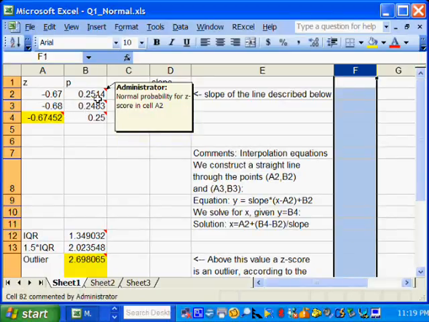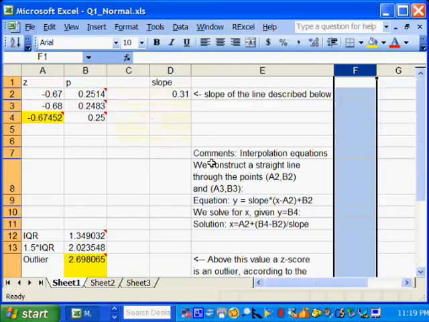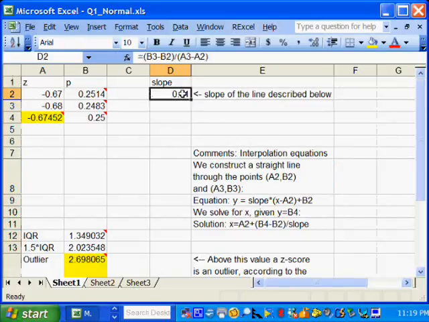Given 2 points, it's easy to see that the line passing through these points has this equation where y is the slope times x minus a2 plus b2, and the slope is given by the equation contained in this cell, b3 minus b2 divided by a3 minus a2. I subtract the y coordinates and divide by the difference of the x coordinates.